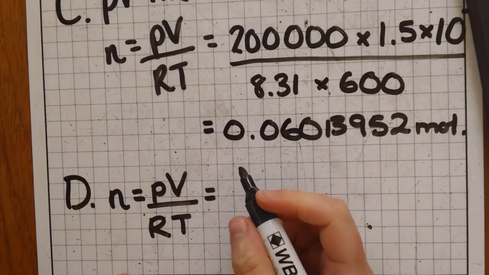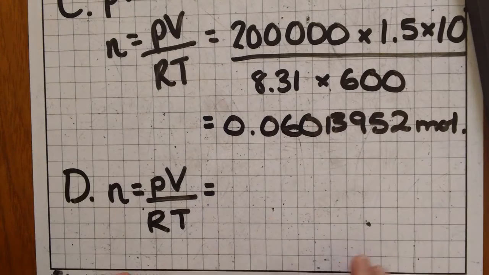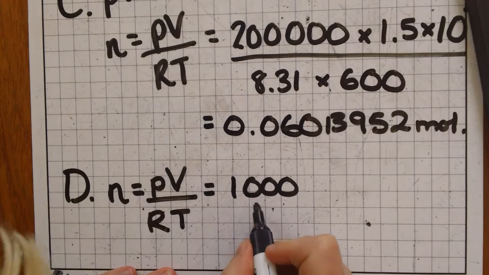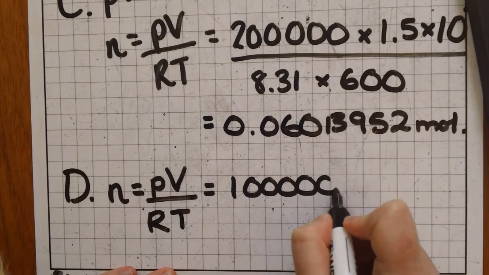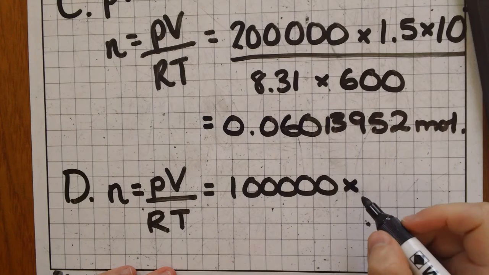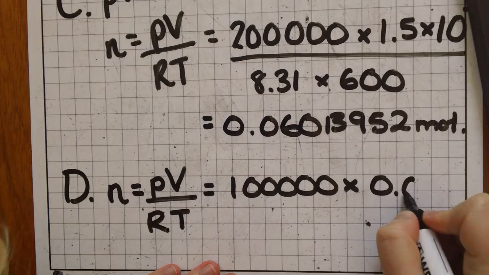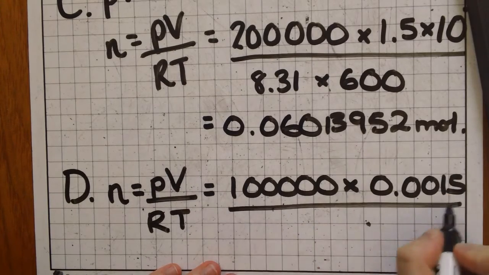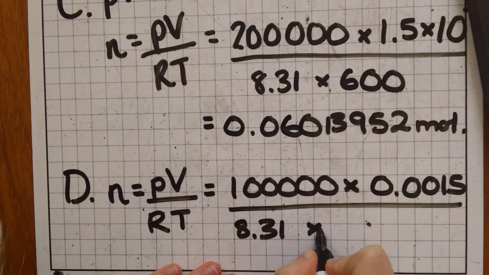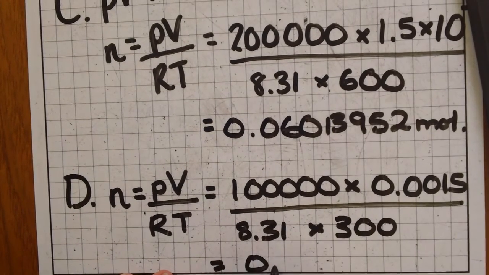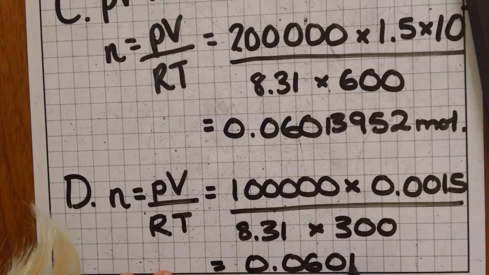The pressure for this one is 100 kilopascals, so we need to convert that to just pascals by times-ing by 1,000, times by our volume, which is in centimeters cubed, so we need to divide by 10 to the power of 6, which gives us an answer of 0.0015, divided by R, and times by our temperature, which is already in Kelvin. And when we do that, we get an answer of 0.0601.